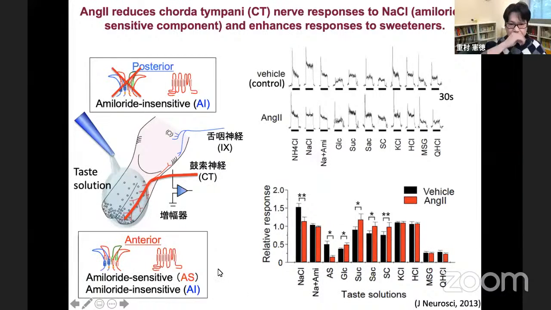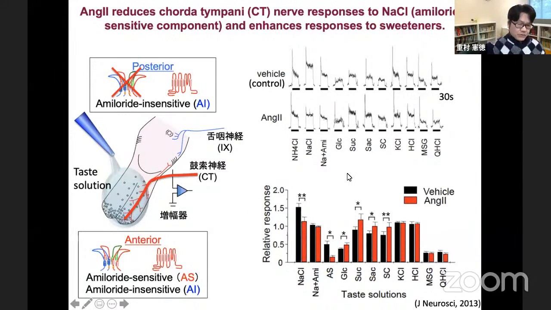The other is the amiloride-insensitive, AI, salt pathway. Both AS and AI were observed in the anterior part of the tongue innervated by the chorda tympani nerve. So we focused on the CT nerve responses containing both AS and AI currents.